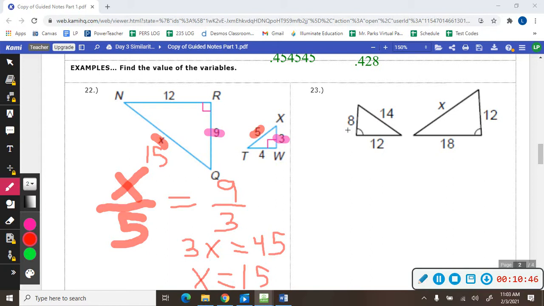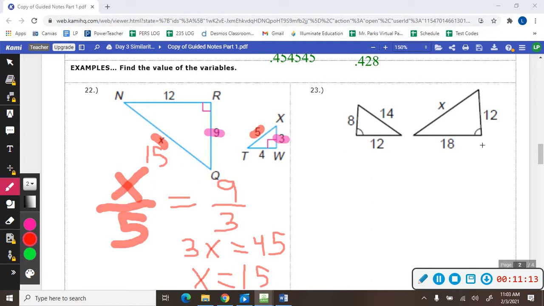And then we just have to confirm that 8 to 12, which if you take 12 divided by 8, you get 1.5. If you take 18 divided by 12, you also get 1.5. And so because the sides are proportional and the angle included is equal, we know that these are similar.